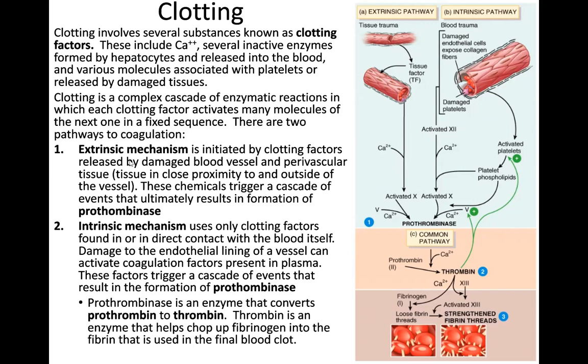In the case of the extrinsic mechanism or pathway, it's initiated by clotting factors released by damaged blood vessels and perivascular tissue, which is tissue in close proximity to, but also outside the vessel. So in the case of extrinsic, basically think of it as like outside the actual blood. Whereas intrinsic, it's using clotting factors in or in direct contact with the blood itself.